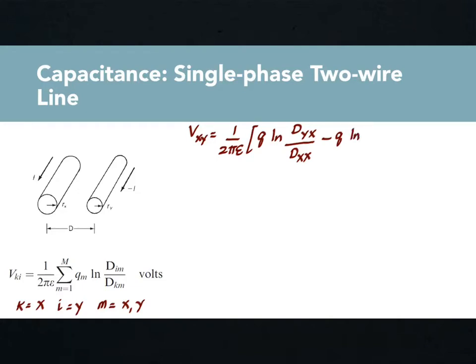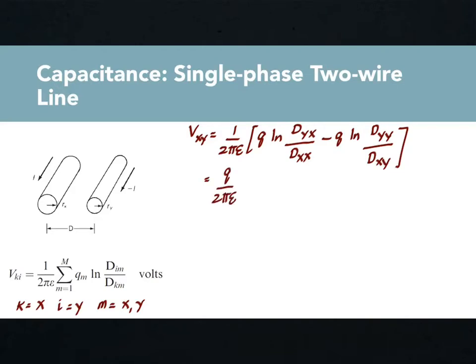Our I here is Y, and M will now become Y, because the charge we are now considering is on conductor Y. So over DKM, it will be DXY. Now the next thing is to simplify this equation.